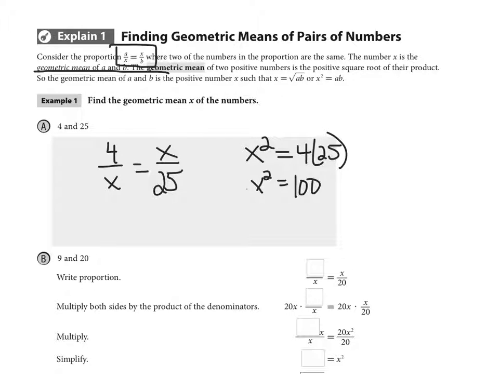If I take the square root of both sides, I get x equals 10. And remember, we're dealing with the length of sides. And so even though this might be positive 10 and negative 10, we're only looking at the positive number, positive 10.